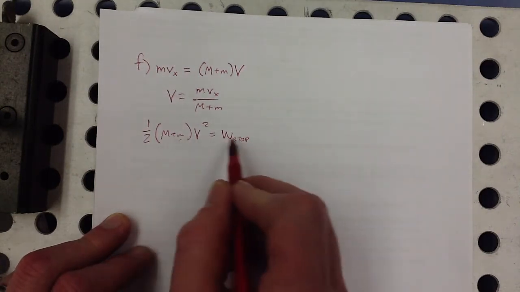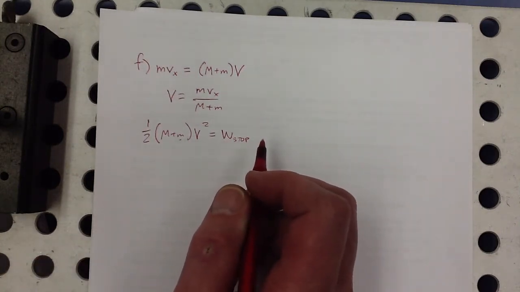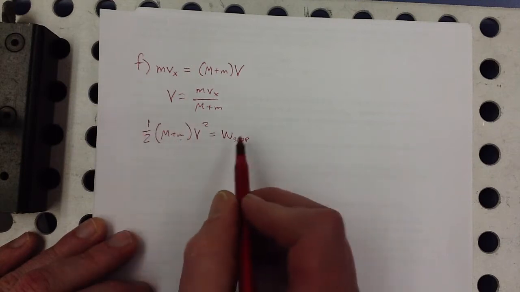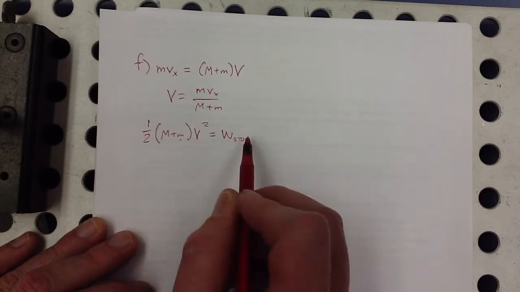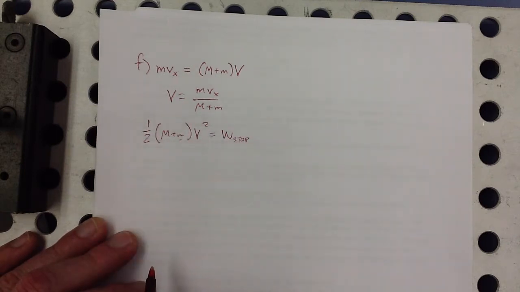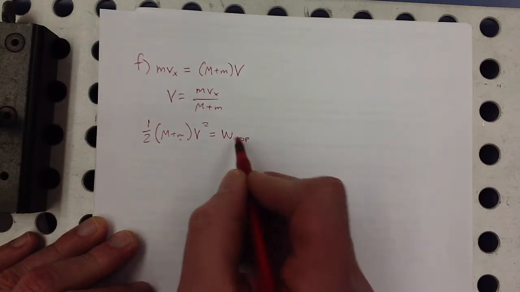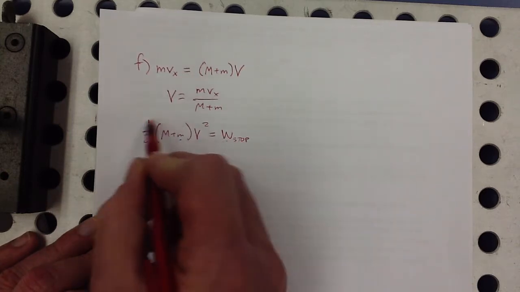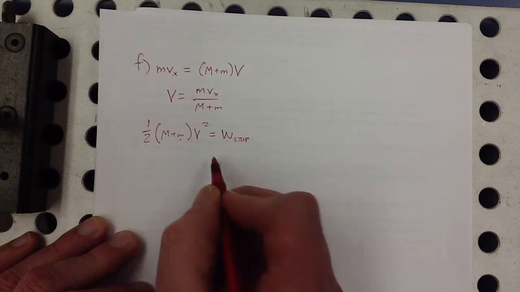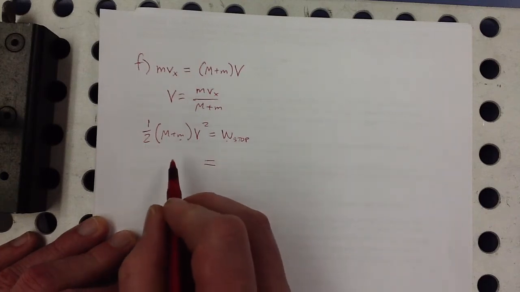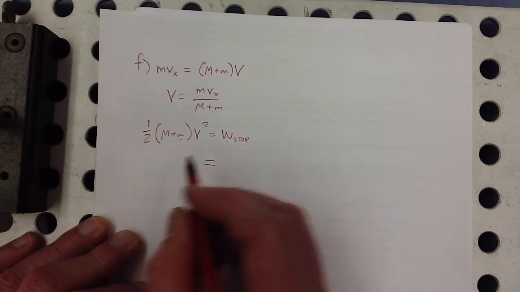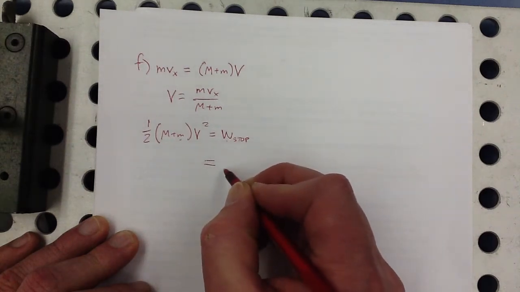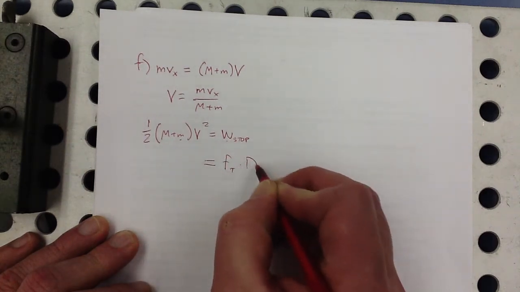Right? Work equals change in kinetic energy. This is an idea that we've used lots of times, that the amount of work it takes to stop something is equal to its kinetic energy. And what's the force that's stopping the whole block configuration from moving? It's the friction, right? The friction of the table. So this is that frictional force times that distance.